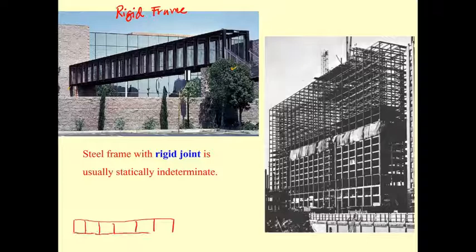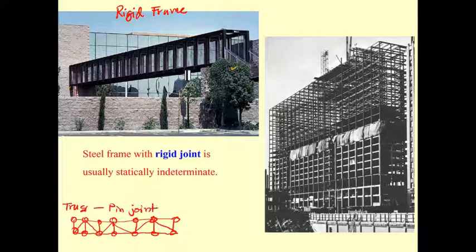The truss will have diagonal and horizontal members to transfer the force across the structure. And for the truss, the supports are going to be pin joints.